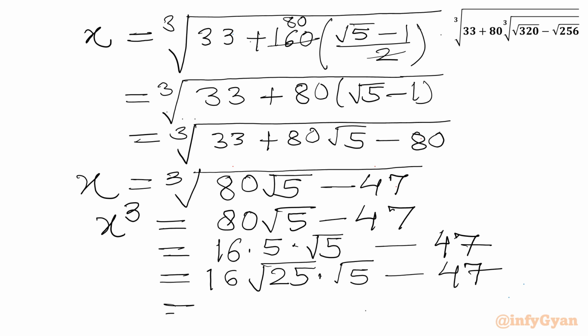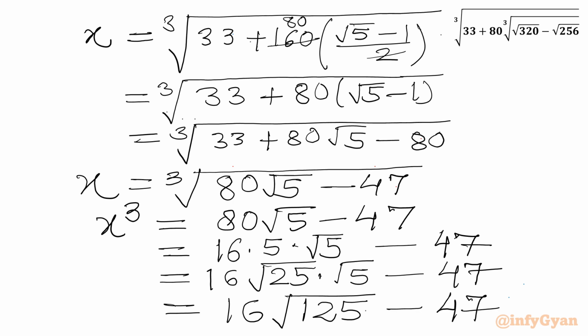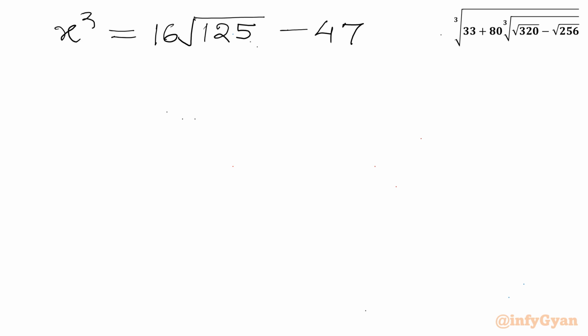Or I can write 16 times square root 125 minus 47. This is equal to x cube.